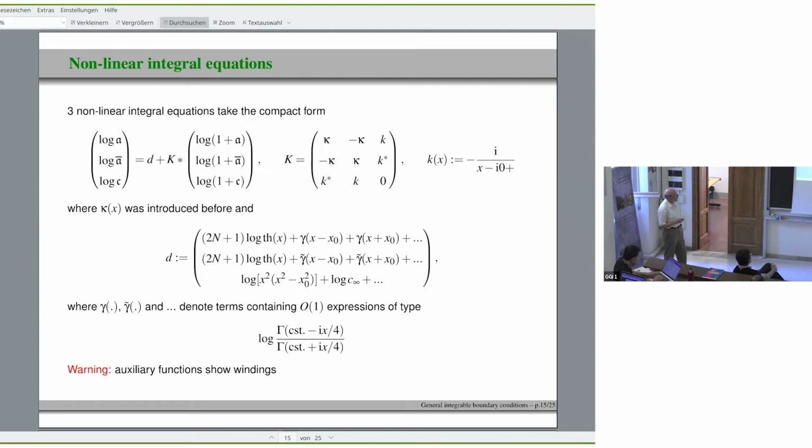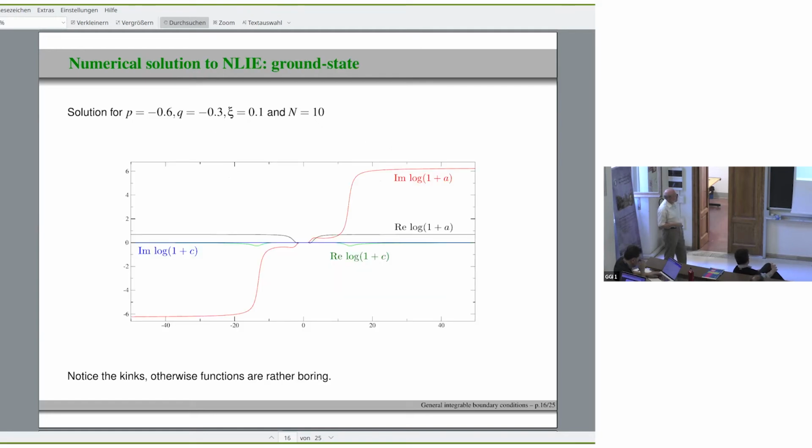So before complaining too much, let me show to you the solutions for certain cases where it worked. The functions are again smooth, so they're not horrible. The functions that I defined are shown here, real part and imaginary part of what we call log of 1 plus a. Now the difference to the periodic boundary case is that the imaginary part of the function does not show these little blips or something like that.